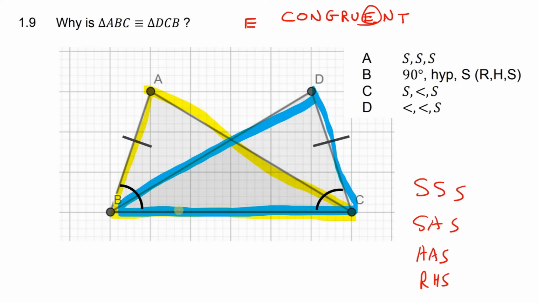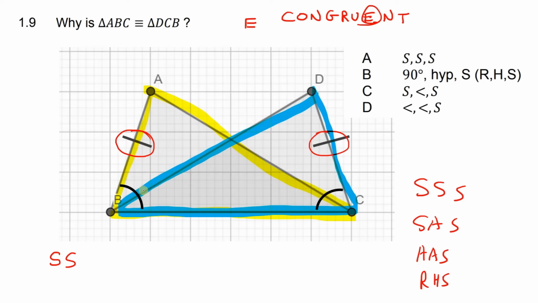Okay, so can you see that both of those triangles have the same side BC? They both have a BC, okay? So they've definitely got a side in common. Now they also tell us that this side and this side is the same. So that's another side that they have in common.